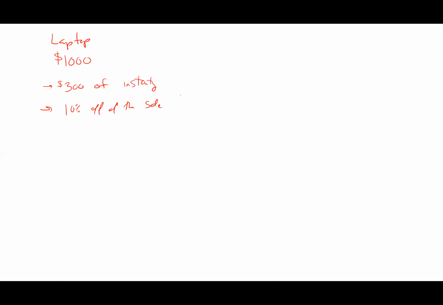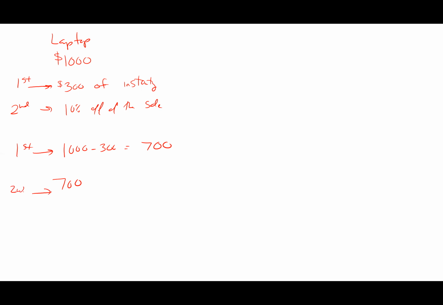Notice there are two things happening here. First of all, there's the $300 off. That happens first, and then there's a second function. So there are two different things being done to that $1,000. First, $1,000 is subtracted by 300, making it 700 right away. That's the first step.